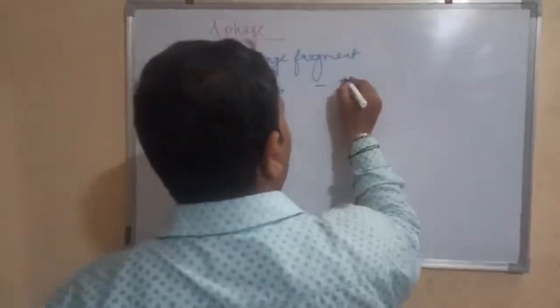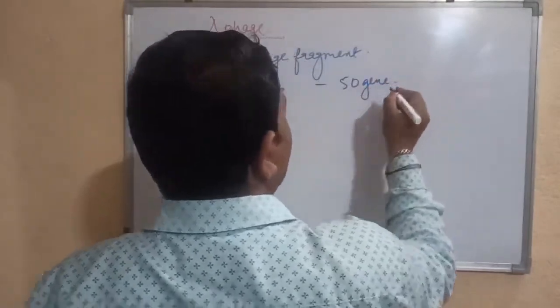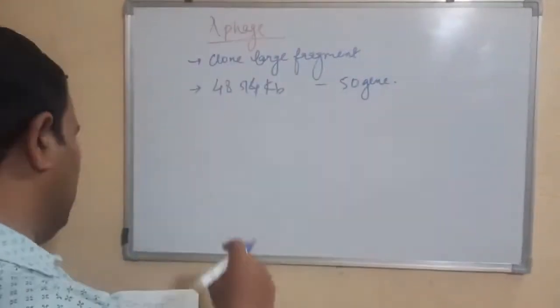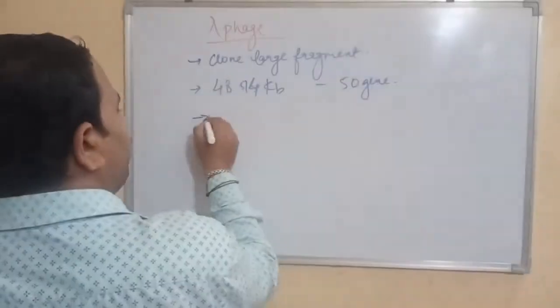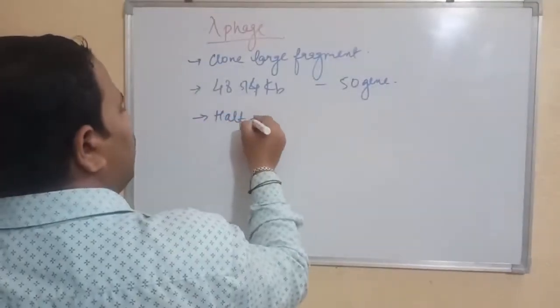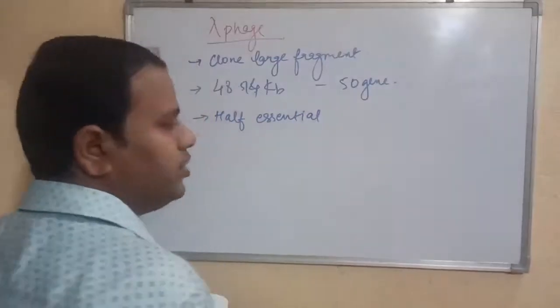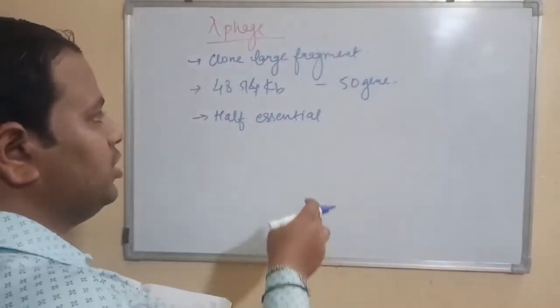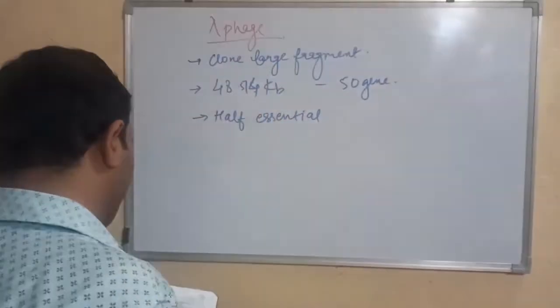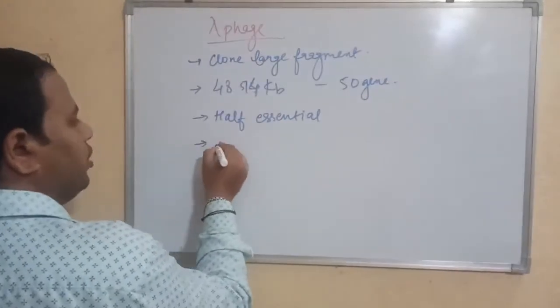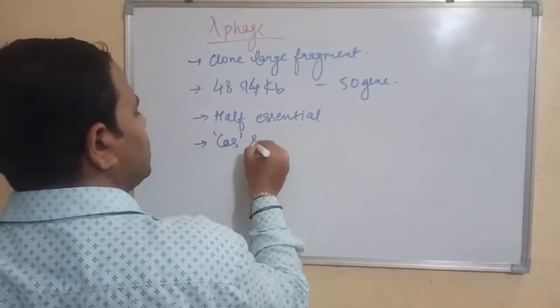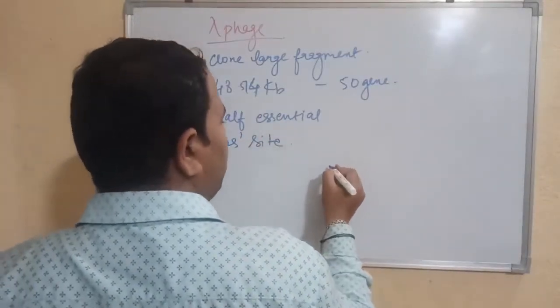Around 50 genes are present in this that are required for the infection of Lambda phage. Half of this is essential and half is non-essential, but is present in the Lambda phage genome. The most important character of this is the presence of the cos site. Okay, so the cos site is like this.